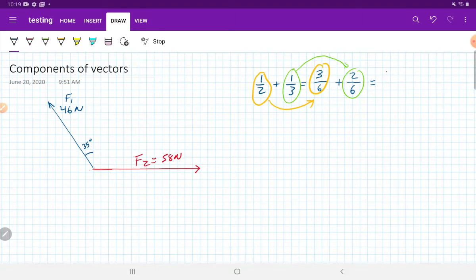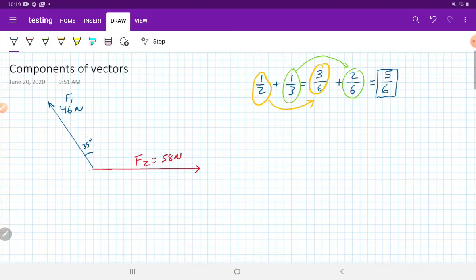The numerators. So I end up with 5/6 and I have my answer. All this to say that you can't add those fractions the way they are. We have to change them into a different way of seeing them so that we can actually compare them and add them. And the same thing happens with vectors, okay?